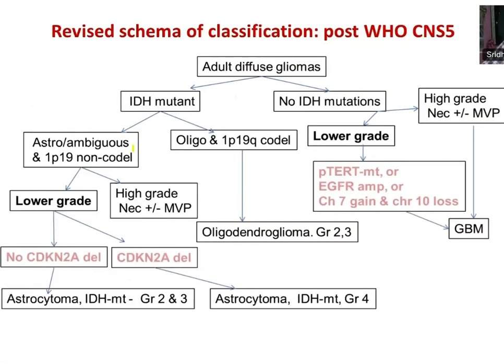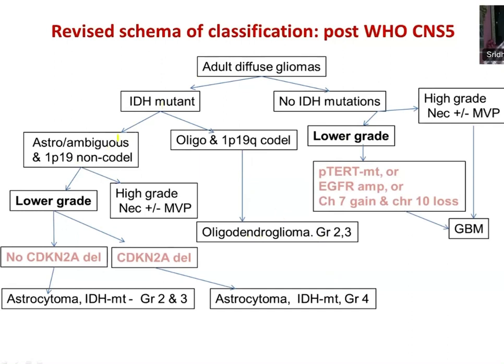In the schematic picture we discussed, in adult diffuse glioma there are two big groups, IDH mutant and IDH wild type. In the IDH mutant group, there are two broad groups, astrocytoma and oligodendroglioma. If you have an ATRX loss in an astrocytoma, it cannot be oligo. In ATRX retained cases, you can use 1p/19q co-deletion to call oligo, and subsequently grade 2 or grade 3 based on the features.